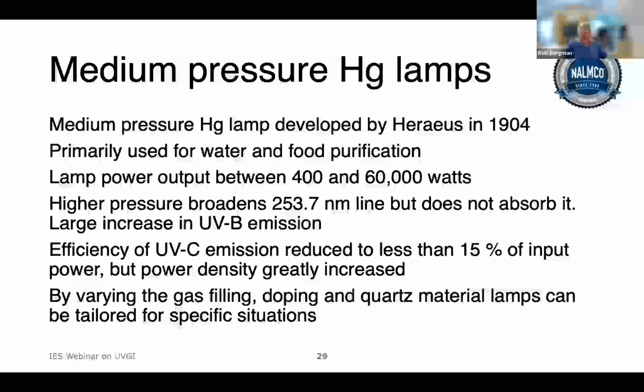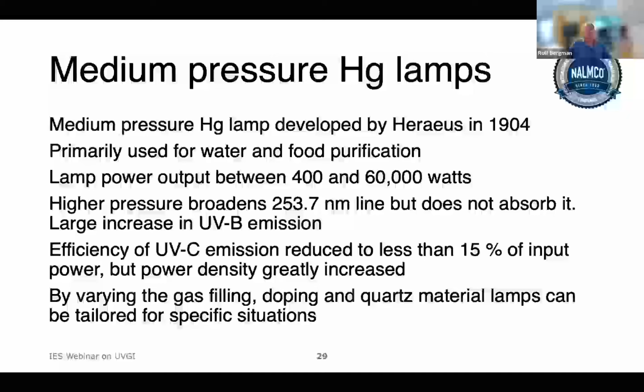And these are used then in waterways for purifying the water, drinking water for cities. And by the way, low pressure mercury lamps can also be used similarly, and are used also for water purification.